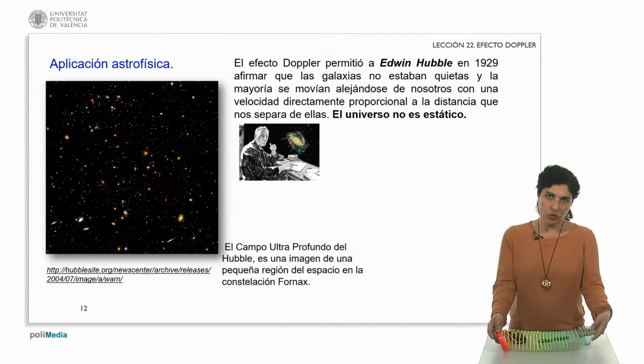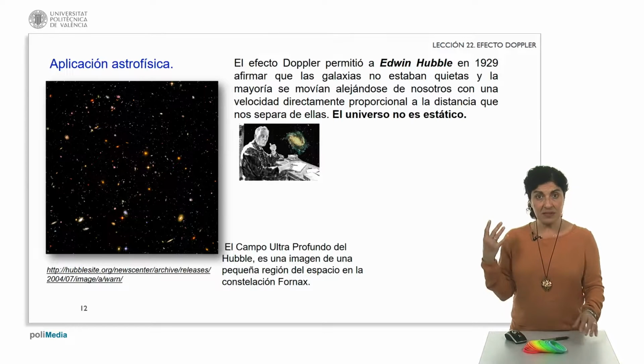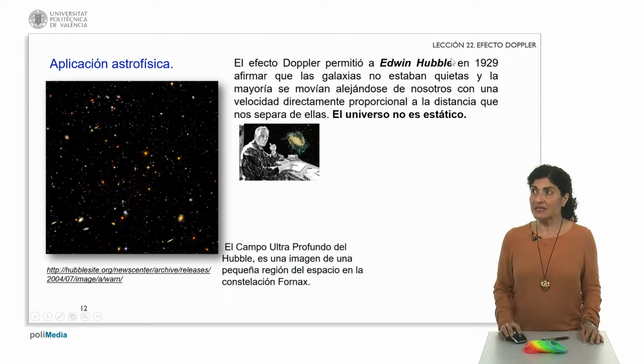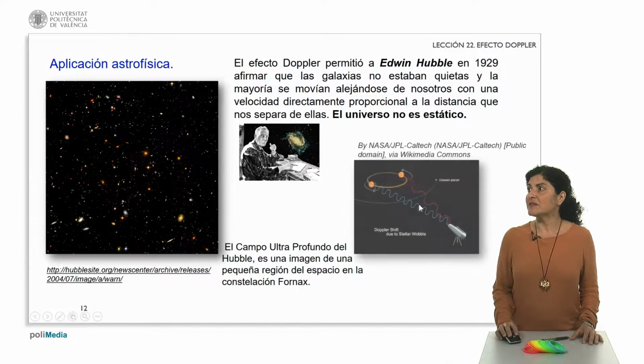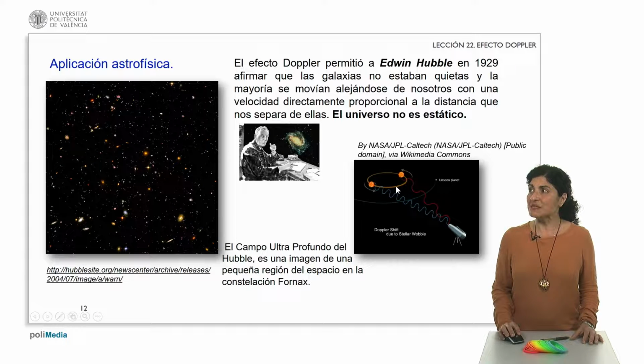Hubble realized this by observing images of galaxies such as this one I have posted here, and concluded that this displacement was due to the fact that the universe is not static but is expanding. In astronomy, the Doppler effect is also used to analyze binary systems of stars that are orbiting with respect to a common center.